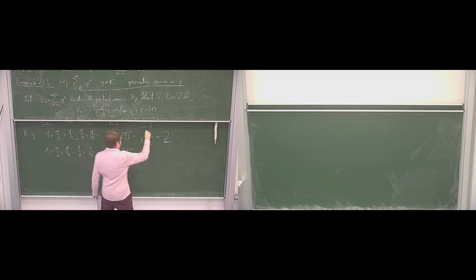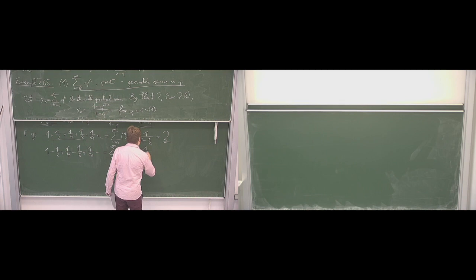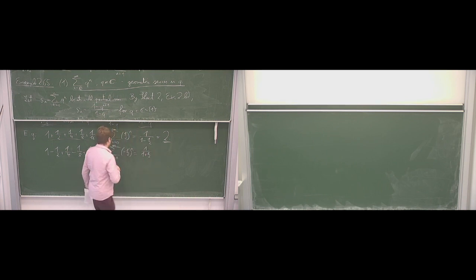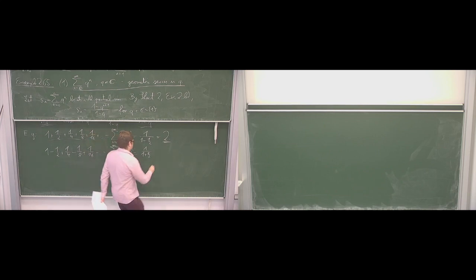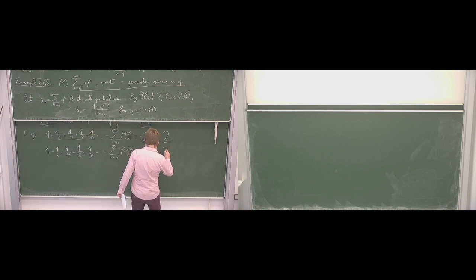By this formula here, it's the same as 1 divided by 1 plus 1/2. This is, of course, 3/2, so in the end we get 2. No, wait, I did something wrong. Yes, right: 2/3.